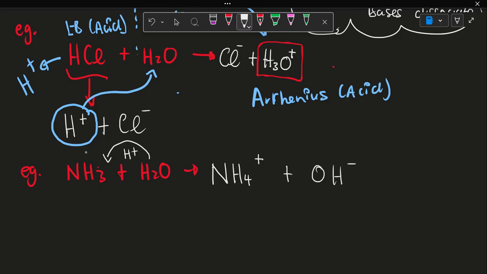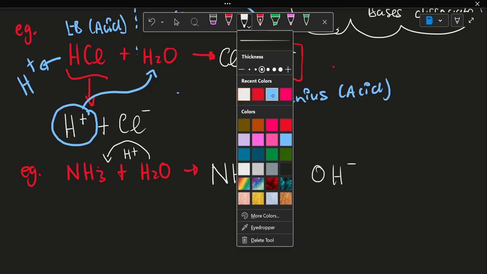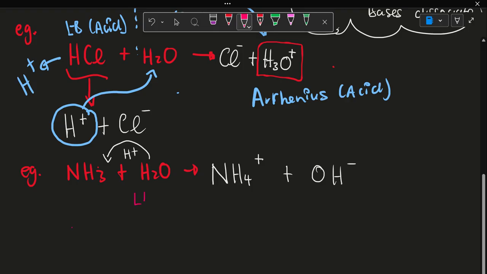So we can say that the water then becomes the Lowry-Bronsted acid, because it gave away its proton, and then the ammonia is the Lowry-Bronsted base.